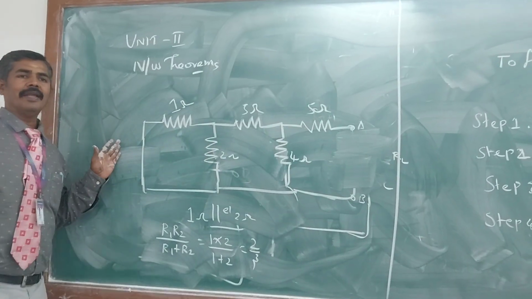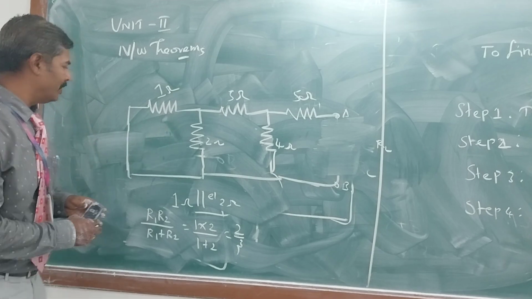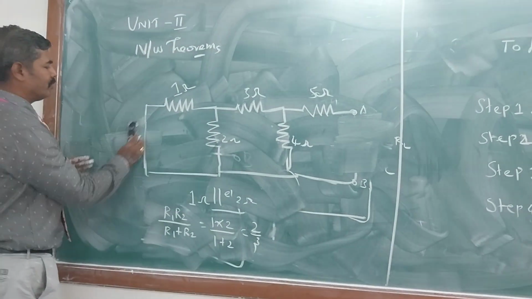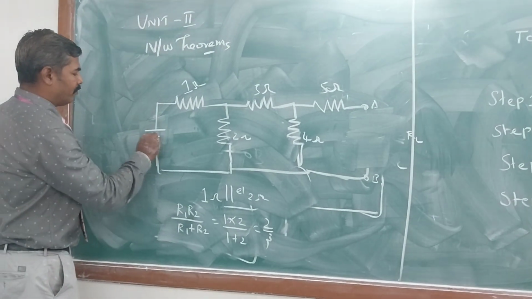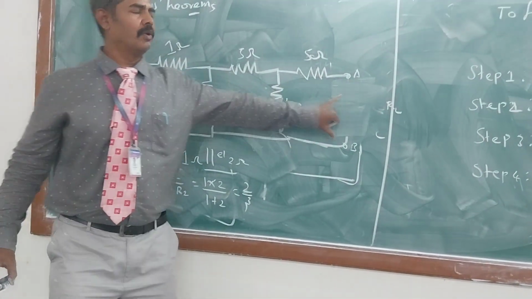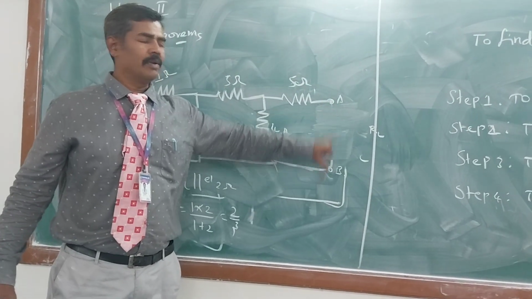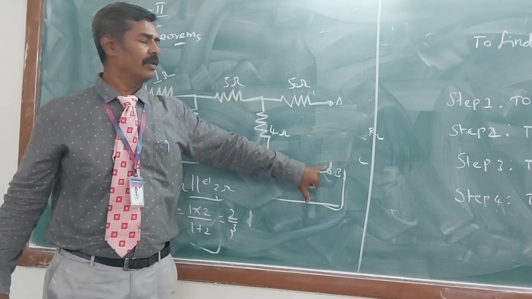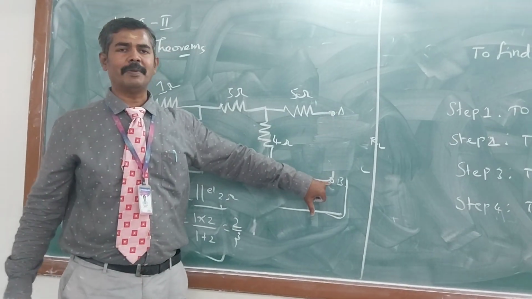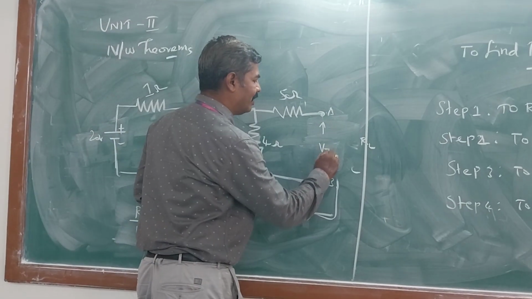Next you find the VTH. How will you find VTH? The voltage source is already given as 20 volts. The first step is to open circuit the load resistor, meaning remove the load resistor, so it acts like an open circuit. We want to find the Thevenin voltage across the terminals.